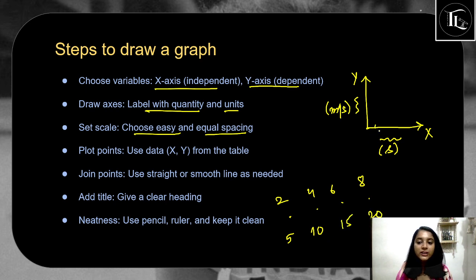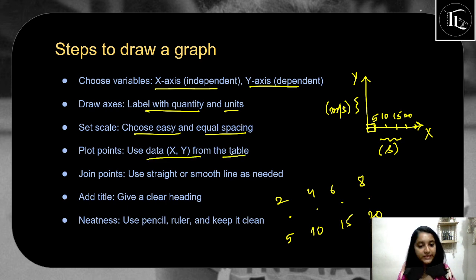Instead of going like 1, 2, 3, 4, 5, you see that 5 seconds comes here. Then what about the 10th? What about the 15th? Very tough to represent, right? So we'll say that, okay, this one step will represent 5. So it will be 5, 10, 15, 20. This way we will be able to cover the coordinates here, okay?